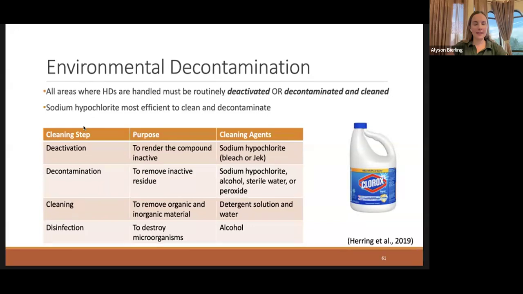Another name for this is Jack or bleach. This ensures that the chemotherapy is deactivated. Alcohol alone will not deactivate the chemotherapy, so we need to be using the sodium hypochlorite, the bleach or the Jack, when we are cleaning environments where there could be chemotherapy contamination.